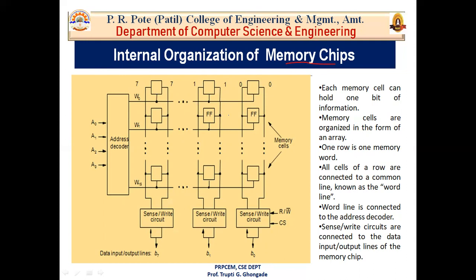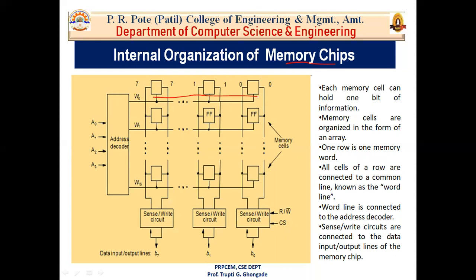We know that to retrieve information from the memory, we cannot address each cell individually. So what we do is address a word of memory. A collection of cells is called a word of memory.